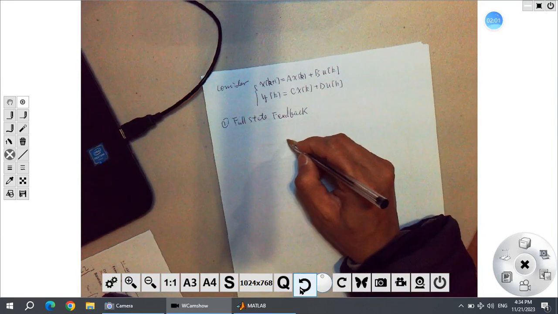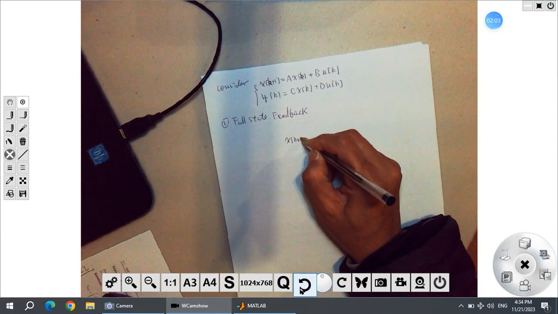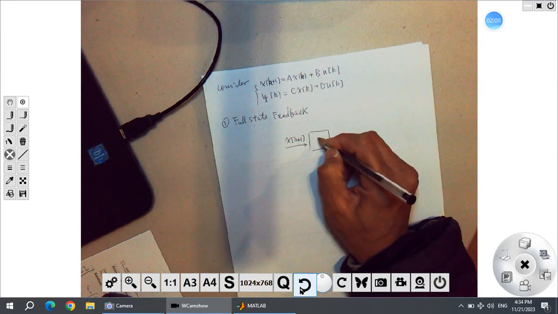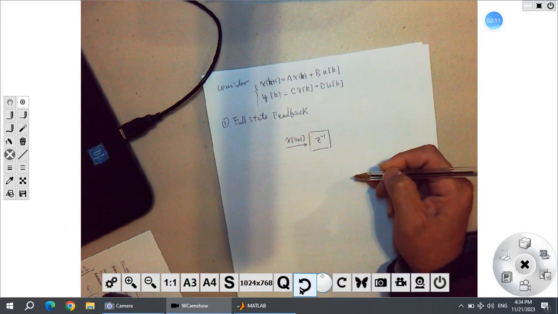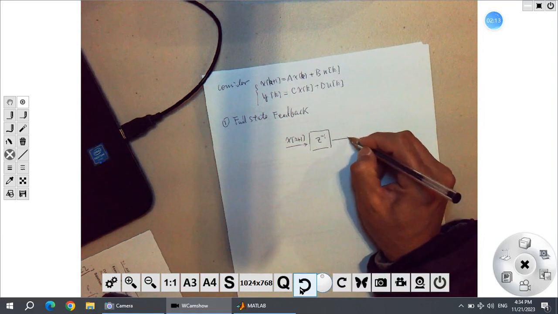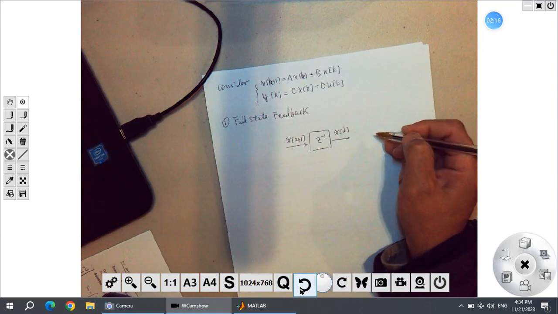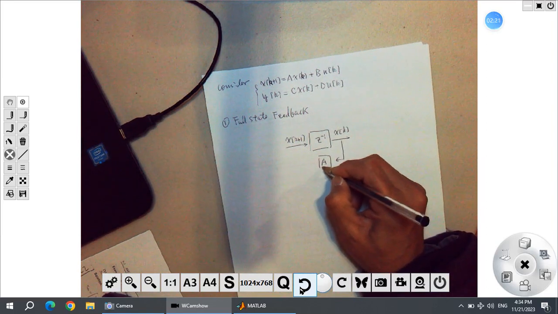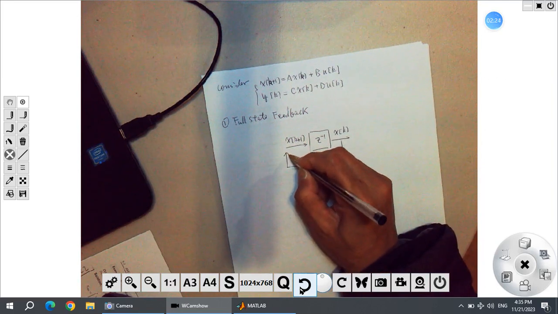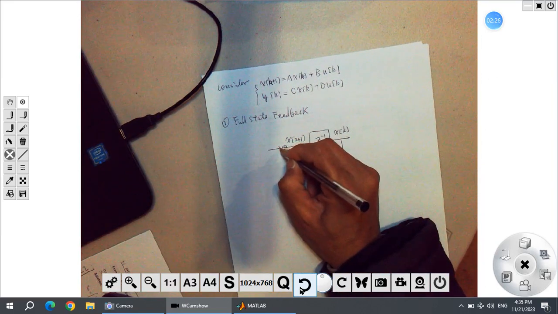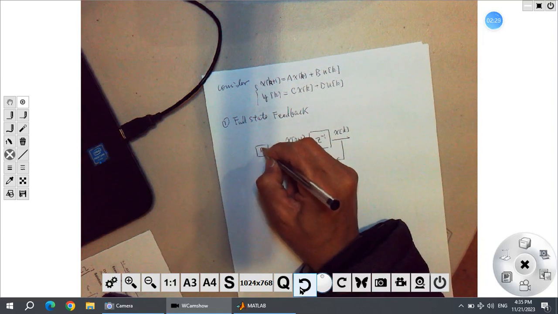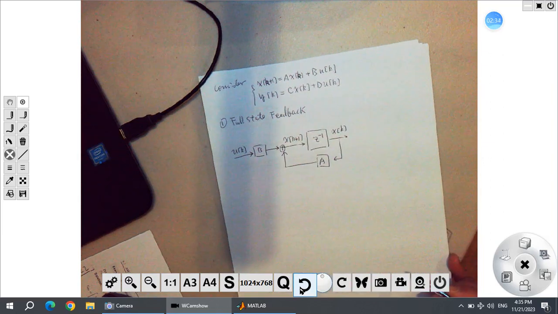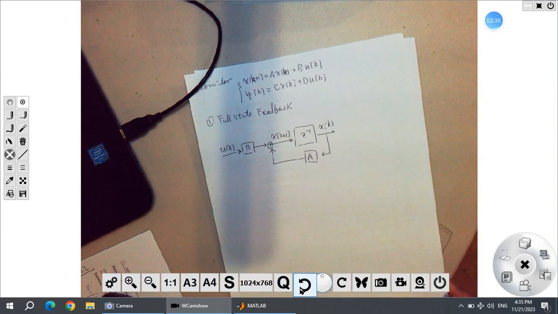We have x of k plus 1. Now here I have a delay. In the z domain, delay is just z to the negative 1, or 1 over z. Then this side will be x of k. Then x of k times A and u times B. You see, this is almost the same as the continuous time case.